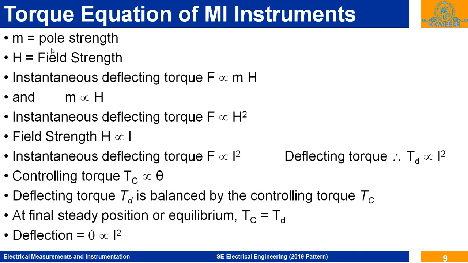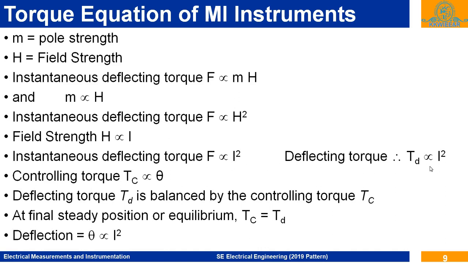The pole strength is proportional to the field strength, M proportional to H, so the force becomes H square. The field strength depends on the current flowing through the stationary coil, so H is proportional to I, and H is replaced by I. So the deflecting torque or force is proportional to I square.